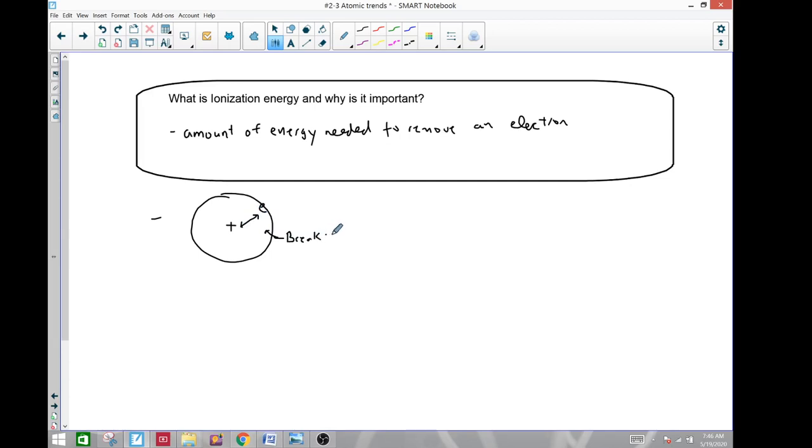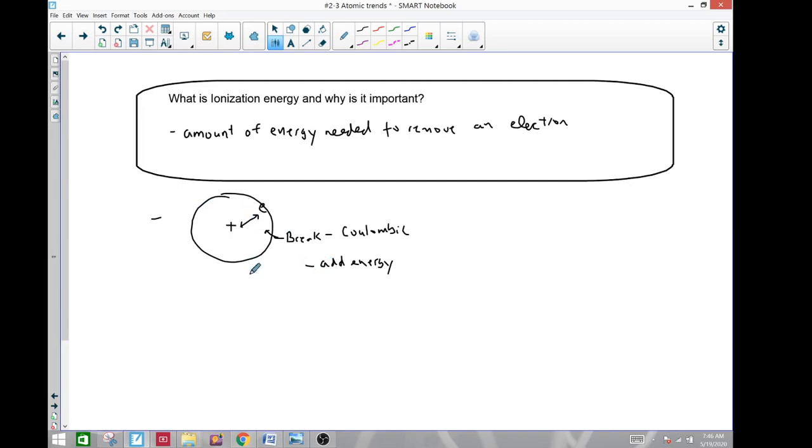This attraction is typically called Coulombic attraction. You must add energy to do that. You're not going to get energy back from this process. So I will lose energy. I'll have to invest energy in the system.